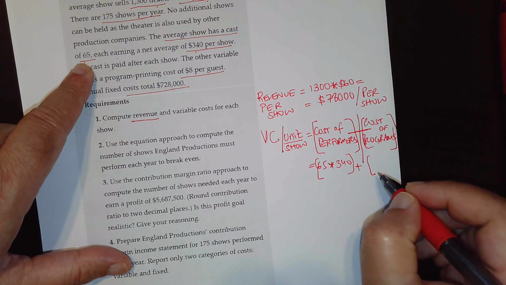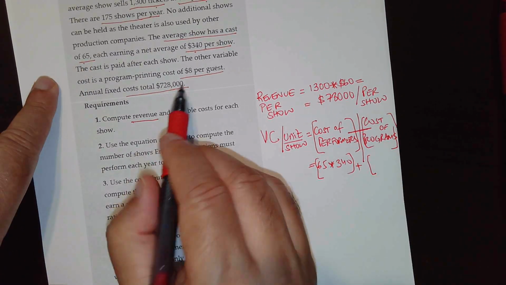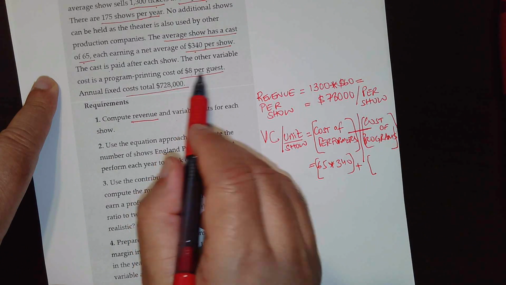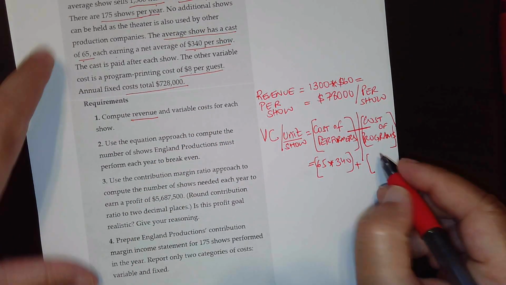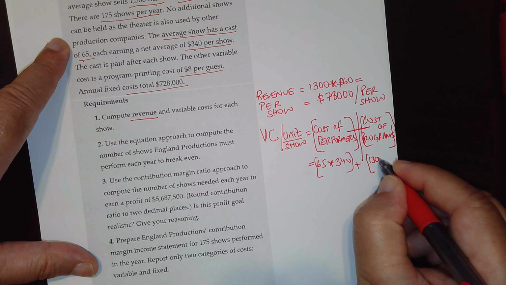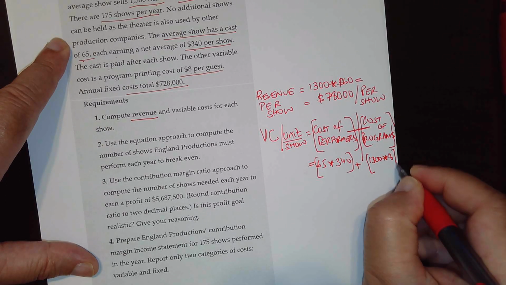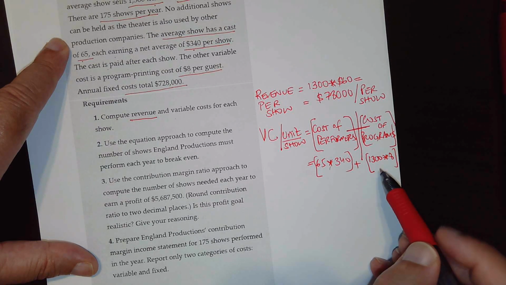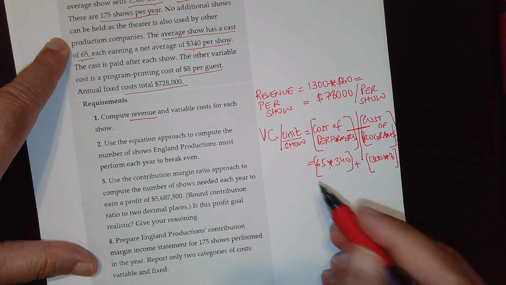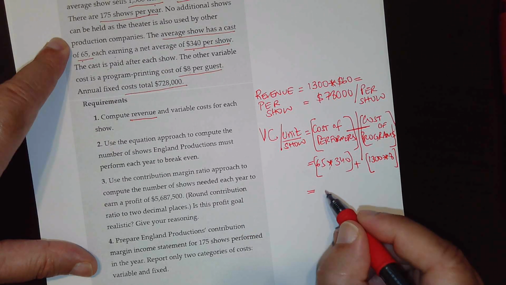the cost of program, which is $8 per guest, and we have 1,300 guests. So we have 1,300 multiplied by 8. This is the cost we are paying for printing whatever we have to print.